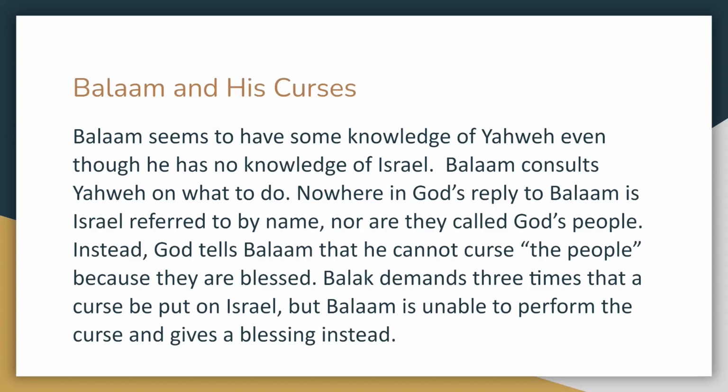Instead, God tells Balaam that he cannot curse the people because they are blessed. Balak demands 3 times that a curse be put on Israel, but Balaam the prophet is unable to perform the curse and instead gives a blessing.